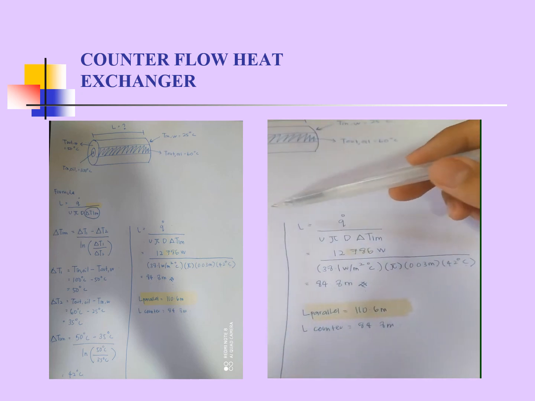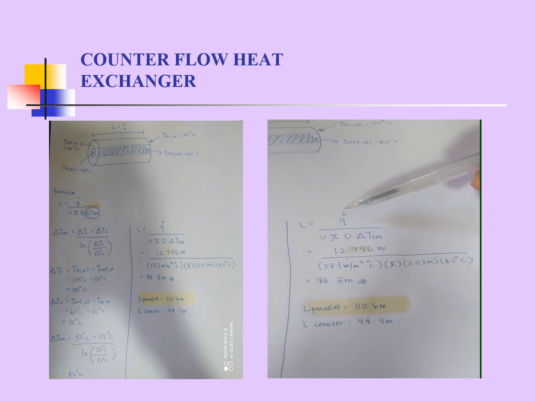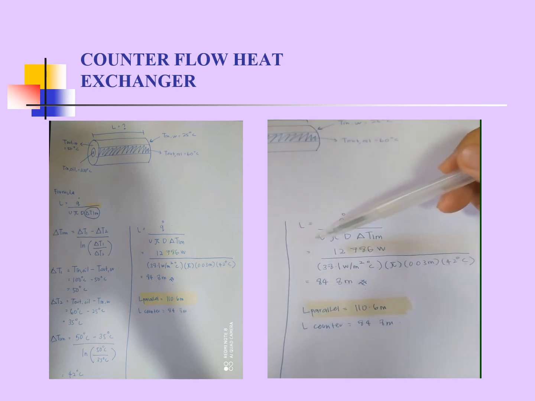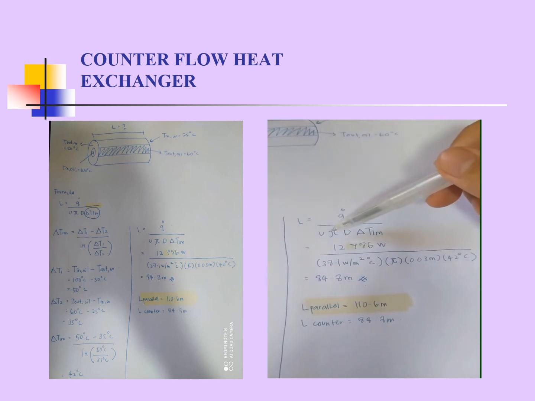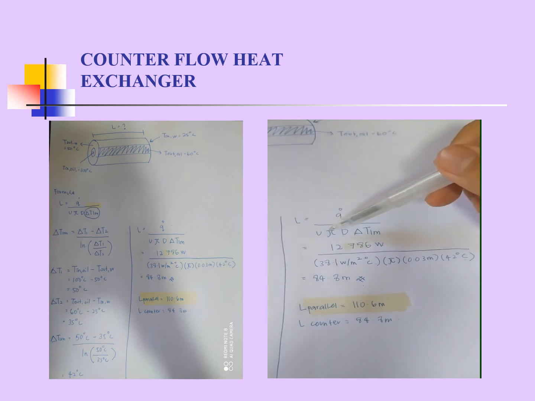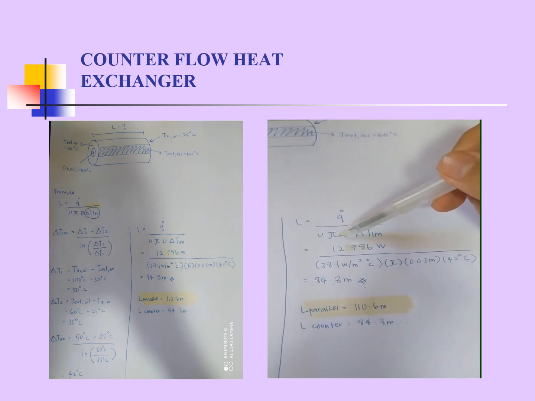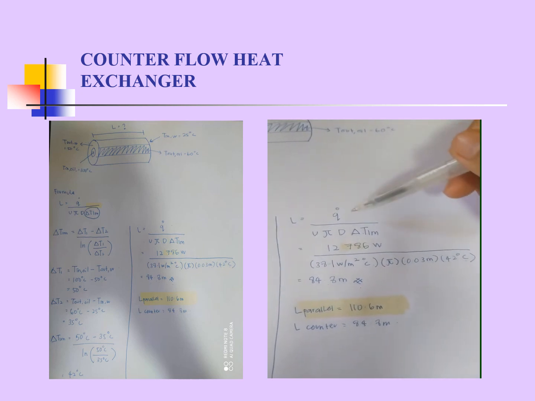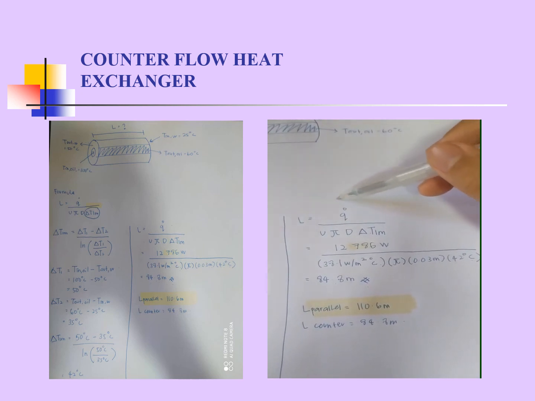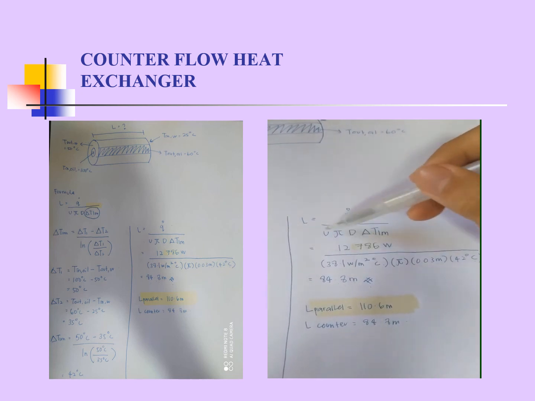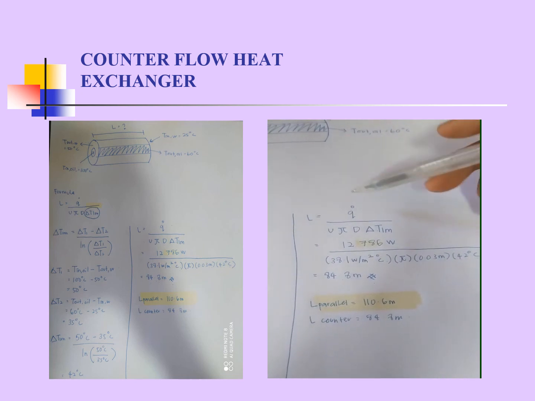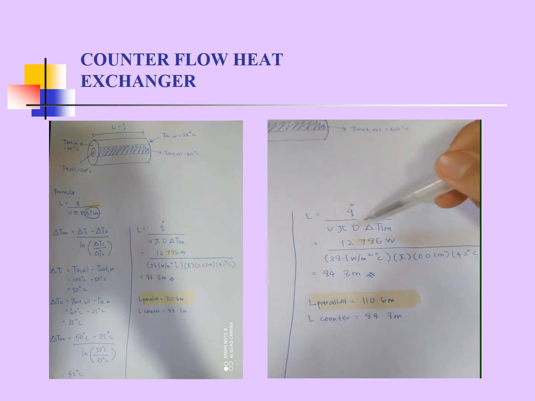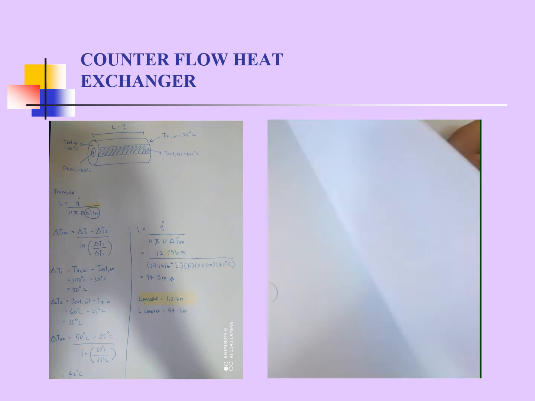So we use the formula L equals Q dot divided by U times pi times diameter times delta T log mean. We get the answers for Q and U from the parallel flow, and we put them in the counter flow.